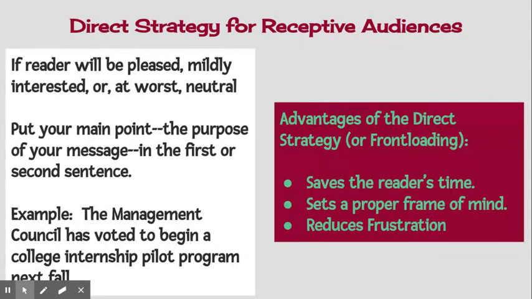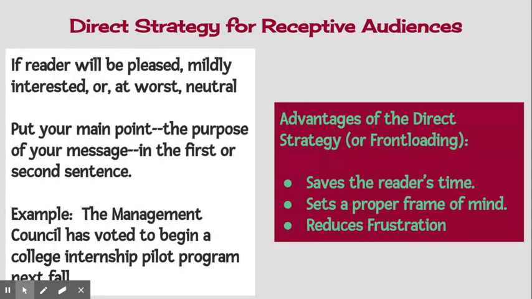If you think that your reader will be pleased, mildly interested, or at worst, neutral or okay with what you're going to say, you can put your main point in the first or second sentence of your business message. Remember that your main point is your purpose for your message. For example, let's look at this example. The Management Council has voted to begin a college internship pilot program next fall. We know exactly what's going on there.